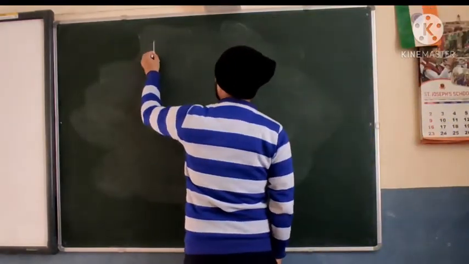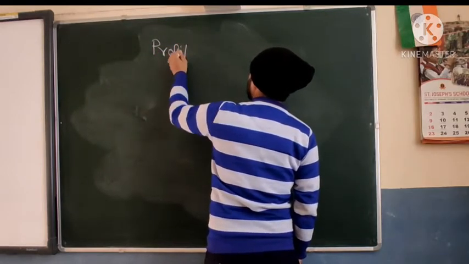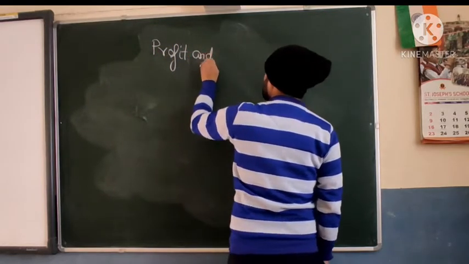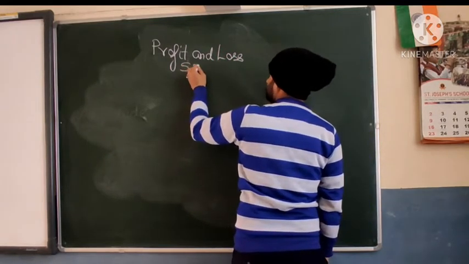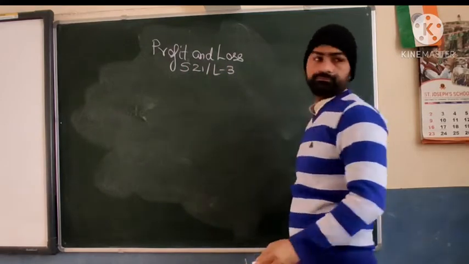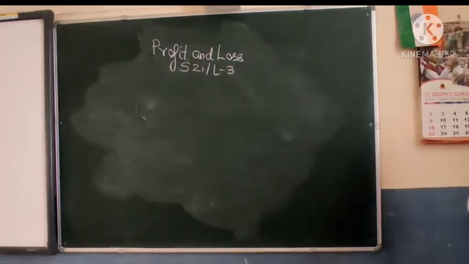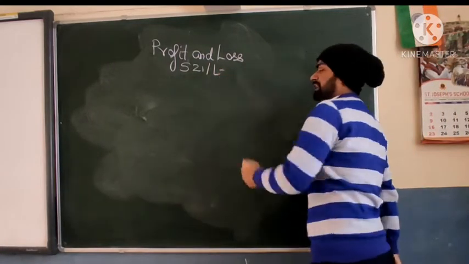This chapter is profit and loss. It is the 21st chapter I am teaching you, and it is the third lecture on this. I'm sorry, it should be the fourth lecture because we started from Saturday itself.